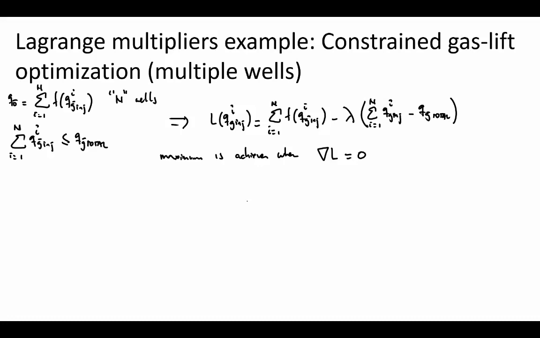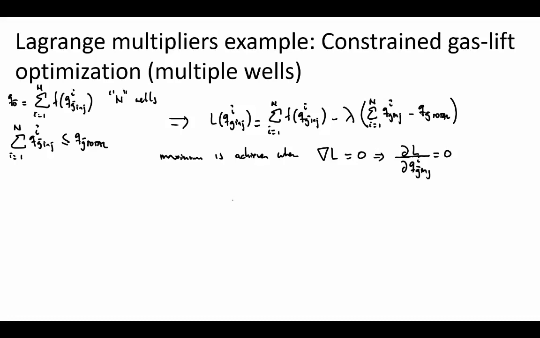And we know that happens when all of the elements of the gradient are 0. So that means that the partial derivative of L with respect to I will be also 0. Each one can be a different function, but it's the same, you have to do it for one variable.